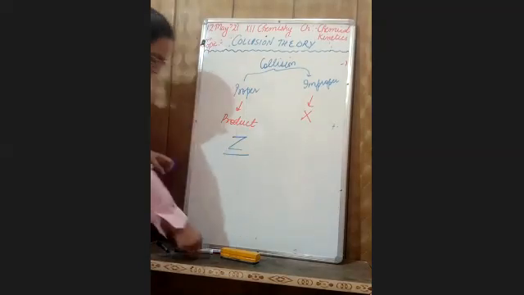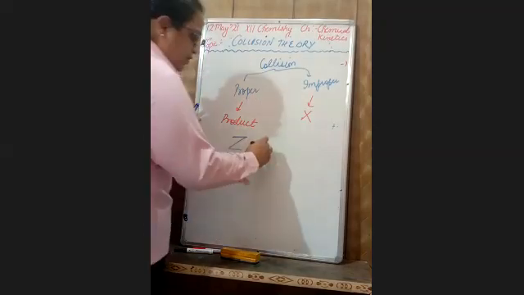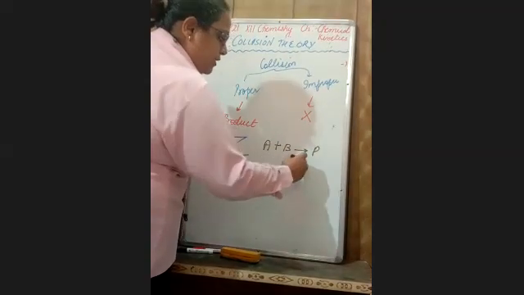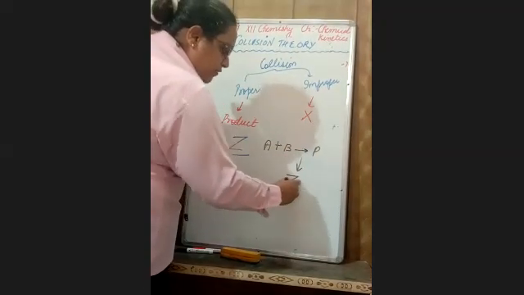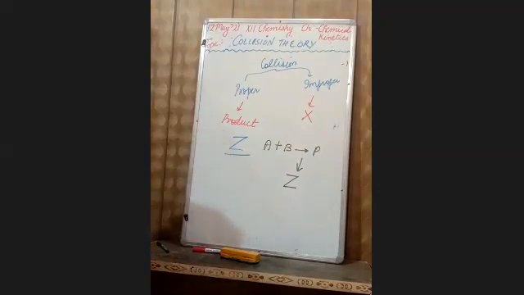So I am changing the Arrhenius equation a little bit. Suppose this A plus B reactant combines to form product P, and collision frequency for this reaction is Z. The collision frequency is the number of collisions per second per unit volume of the reactant mixture.